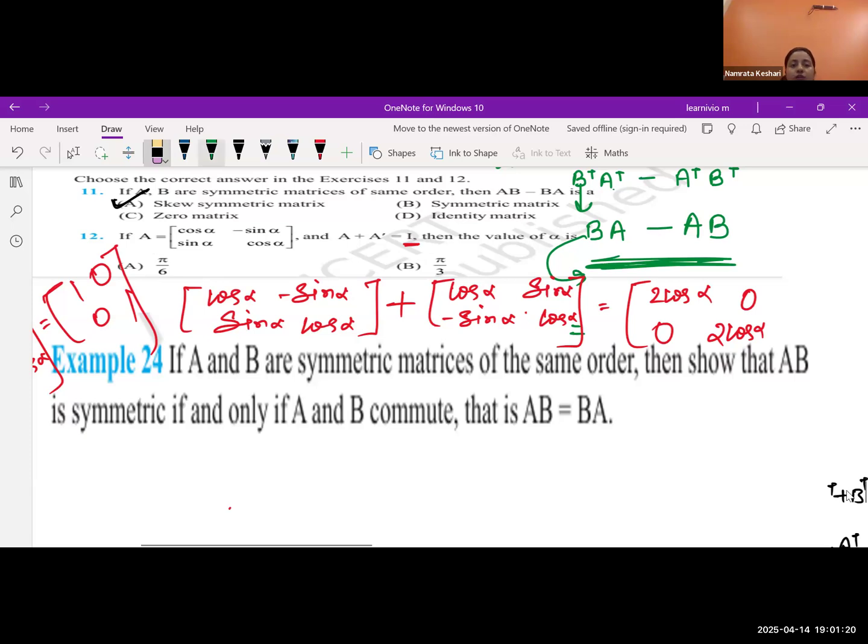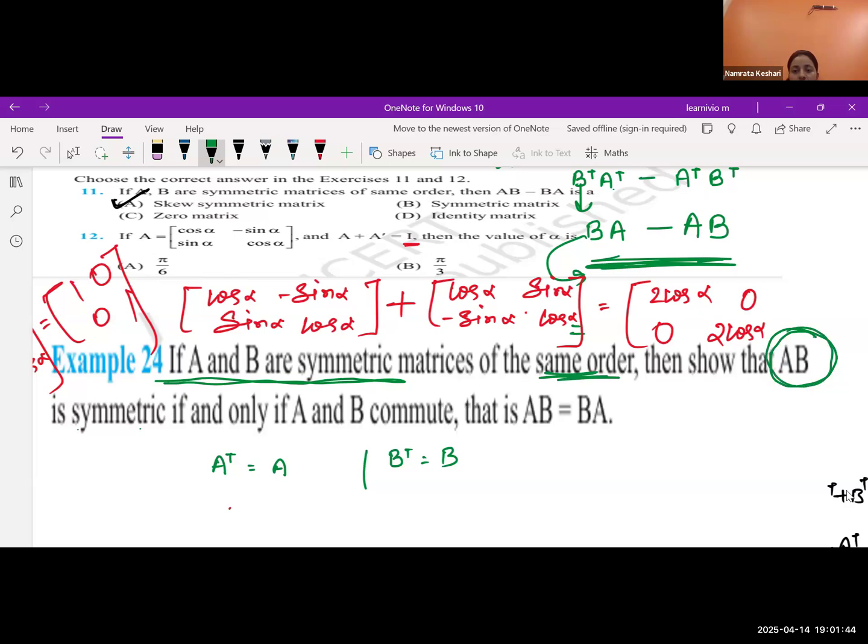The moment we read this statement, we will write that A transpose is the same as A and B transpose is the same as B, right? Both have the same order, fine. Then show that AB is symmetric. So this time we are supposed to show AB.